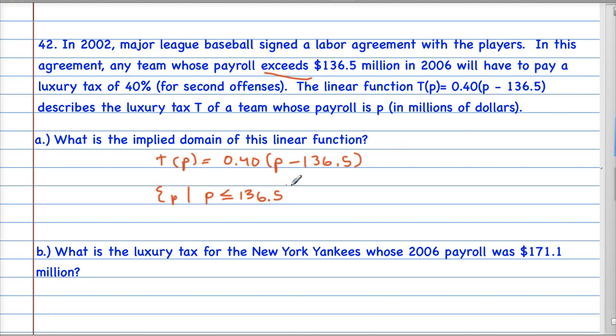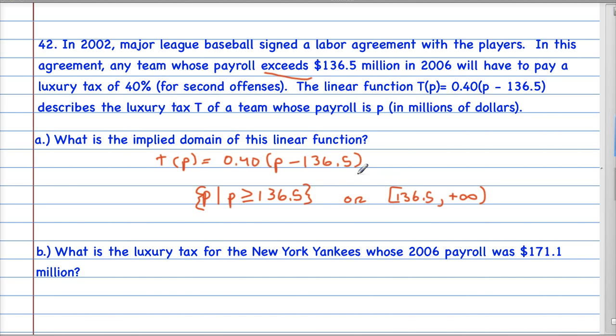So I could set this up in set builder notation. So it's all p-values such that p is less than or equal to 136.5. I'm sorry, this should be greater than. So all p-values that are greater than 136.5, that is when we're going to kick in and use this function to determine our luxury tax. So another way to write this, if we're using interval notation, is 136.5, comma, positive infinity.